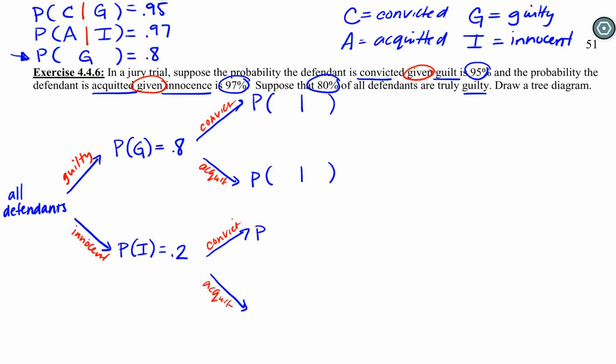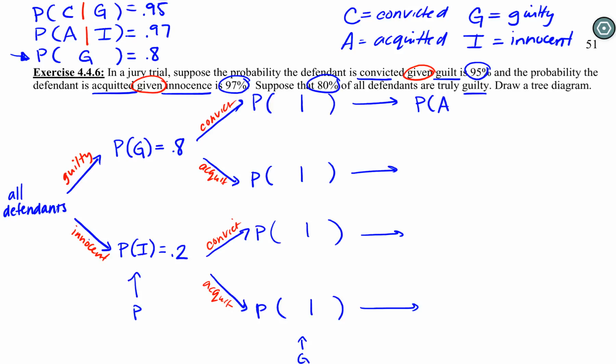We have probabilities, and then we have our givens. And then the last piece of our tree, as we move down and multiply, is going to become our ands. All right, so PGA: probability, given, and and.